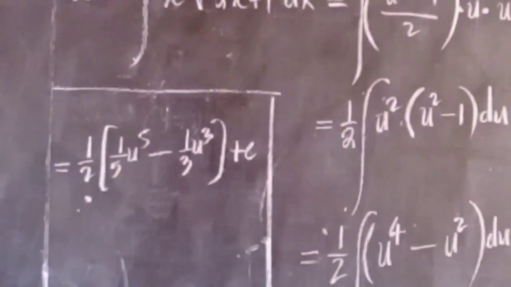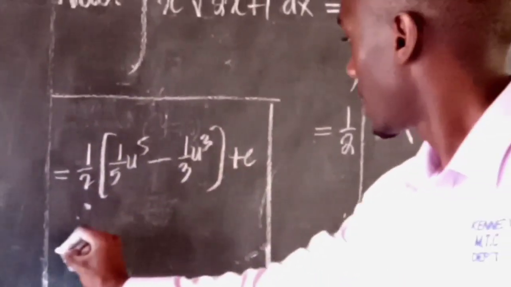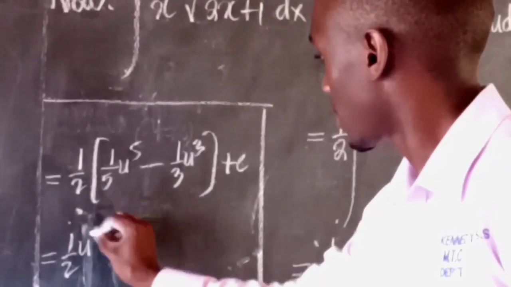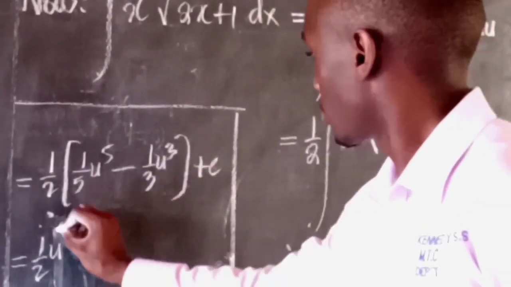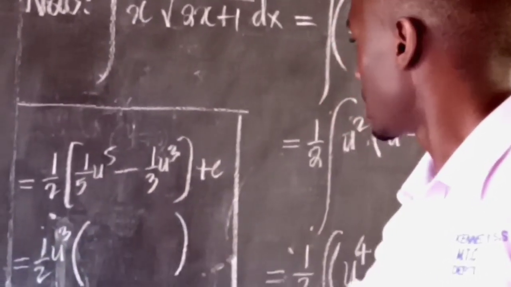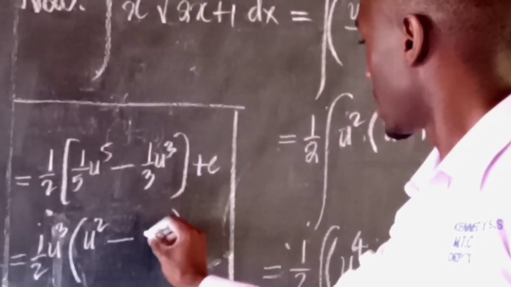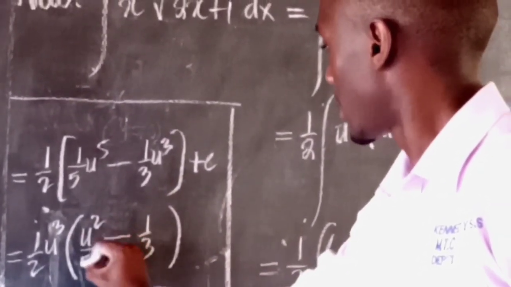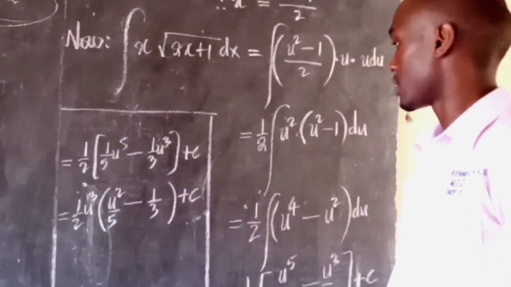For further simplification, someone should be able to notice that u cubed is a common factor. The lowest power is u cubed. Take it out. Inside you will have u squared over 5 minus a third, plus a constant c.